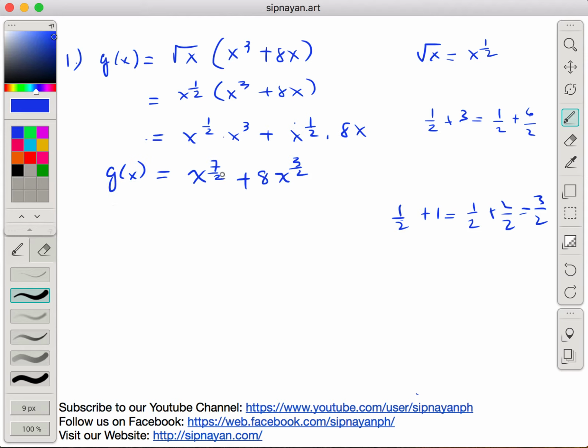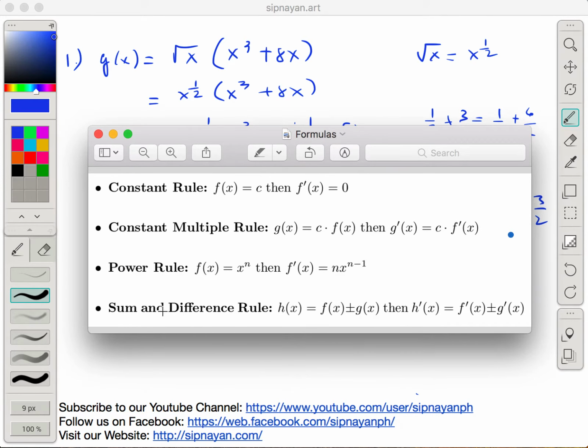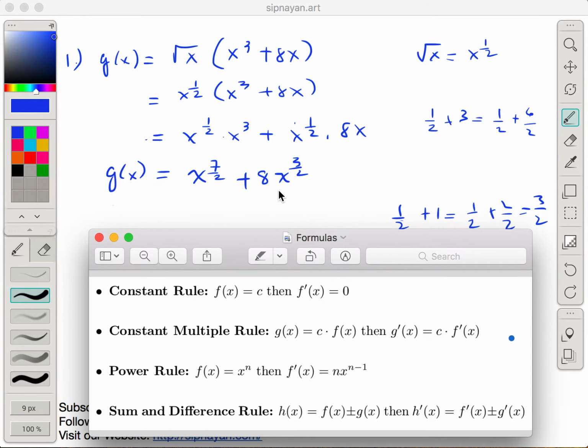Pwede nang kunin yung derivative kasi x to the n na siya, di ba? Using the sum and difference. Sum and difference na siya, di ba? Sum na siya. Hindi na tayo nag-multiply ng dalawang expressions. And then, pwede natin siya gamitin ng power rule, di ba?